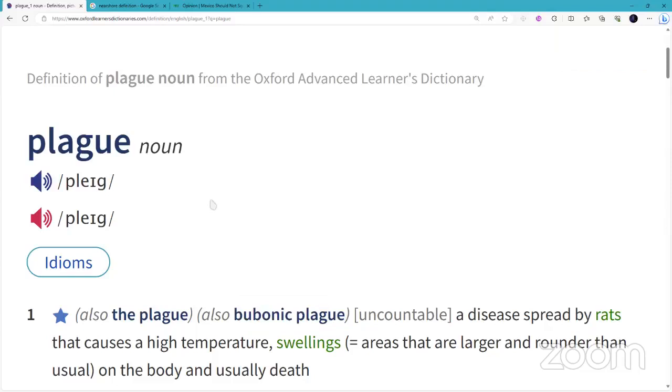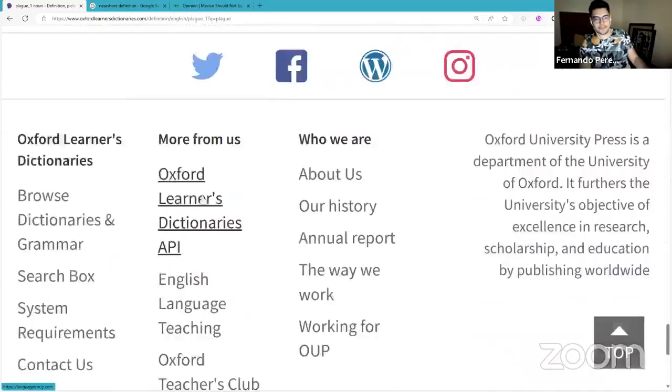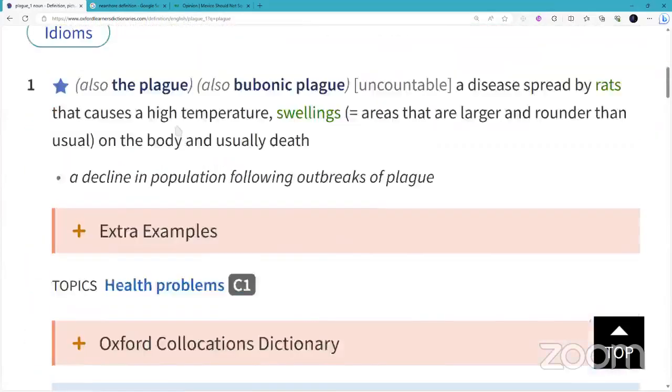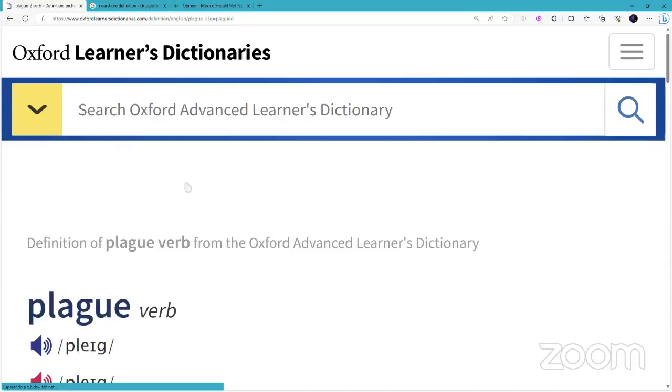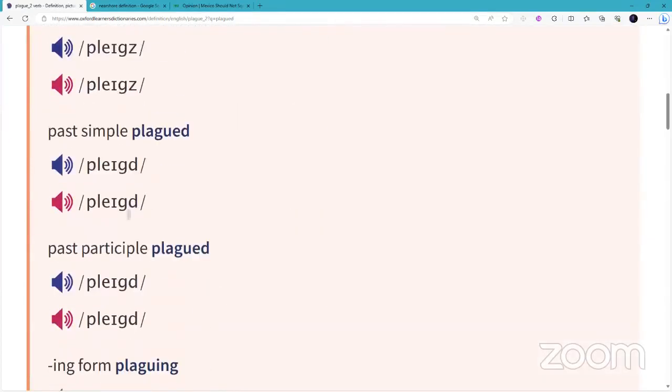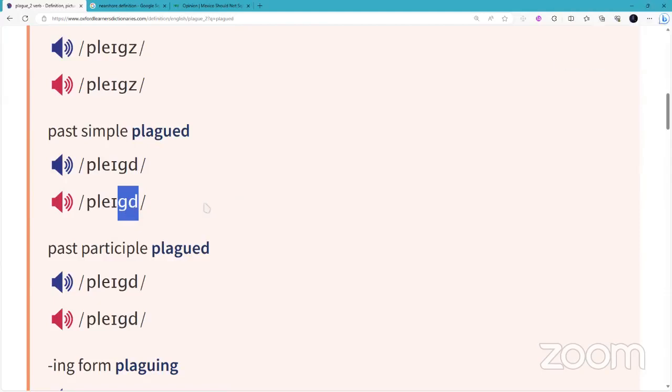Plagued. When the verb ends in g, which is a voiced sound, the e doesn't sound. Plague. Plagued. And you repeat?